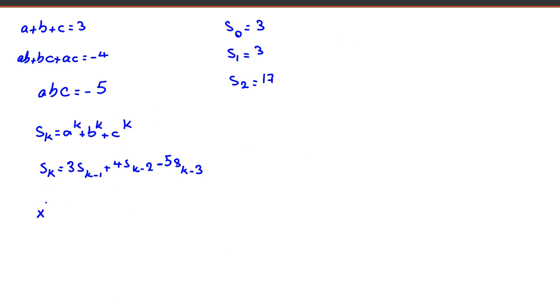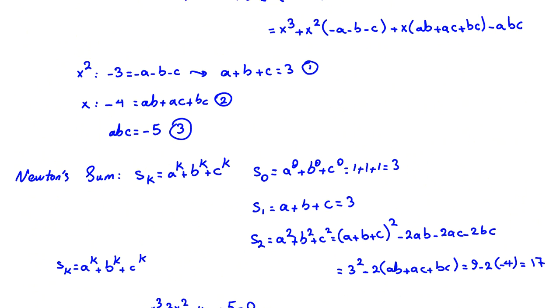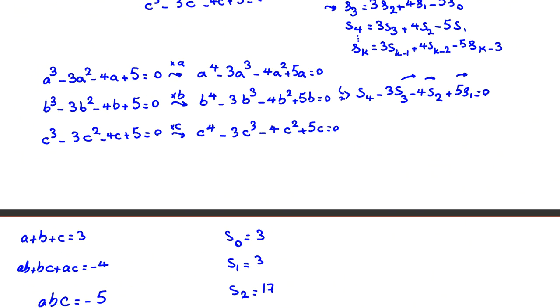And our polynomial is x cubed minus 3x squared minus 4x plus 5 equal to 0.